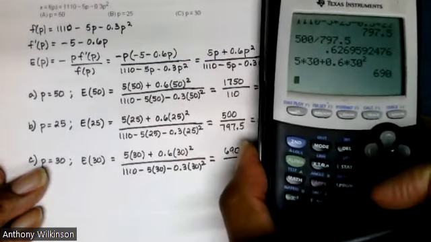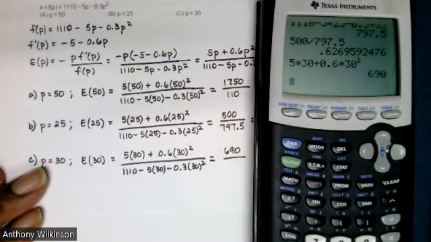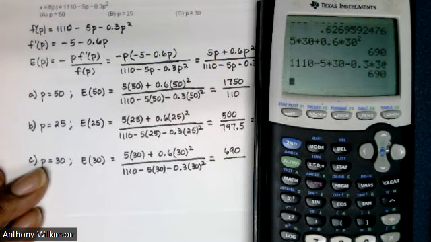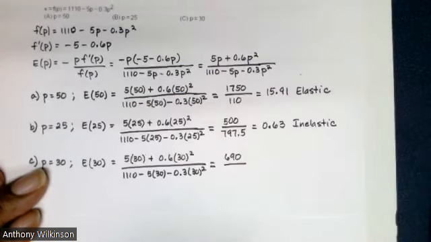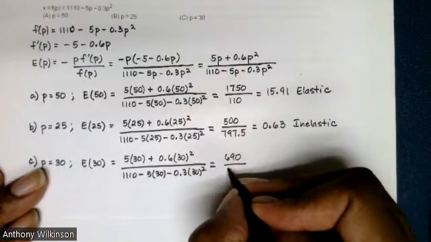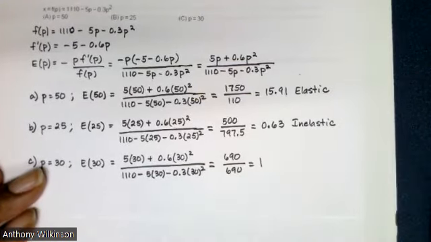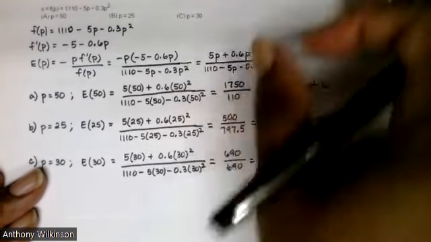Divided by, my denominator will be 1110 minus 5 times 30 minus 0.3 times 30, and that's going to be squared. This will give me also 690. So 690 divided by 690 will be 1. So here, E of P is equal to 1.